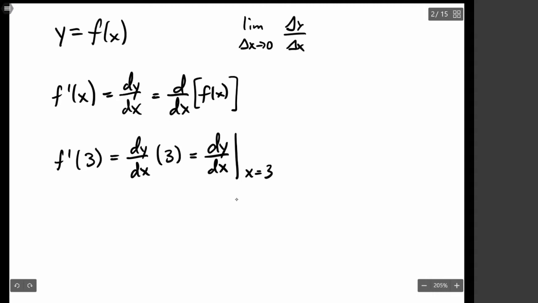And this line here reads as "evaluated at." So again, this is f prime of 3, or dy dx of 3, or dy dx evaluated at x equals 3. These are some common notations when you actually want to plug a number into the derivative.